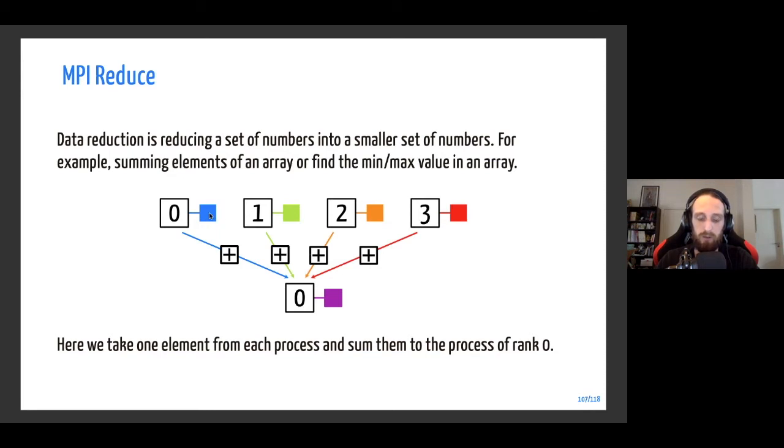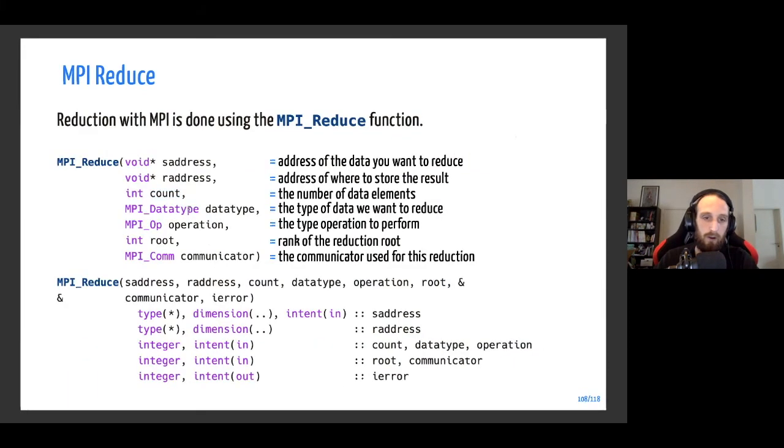So the first value that you will receive is the sum of all the elements at index 0 on each process. And then you will have a second element in your array that will be the sum of all the elements at index 1 in your array, and so forth. With index 2, you will get the sum of all the elements with index 2 on each process. So the count is exactly the size of your send buffer, and you will receive exactly the same amount of data there.